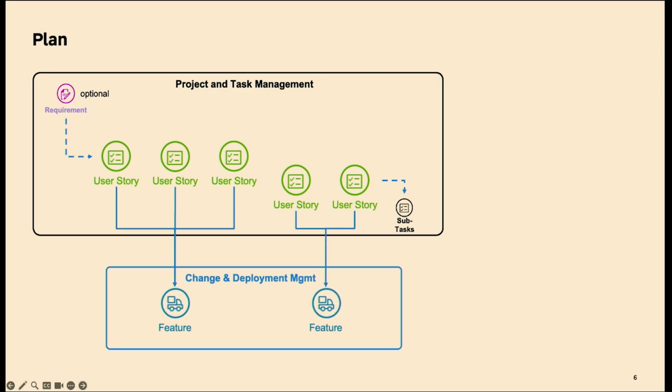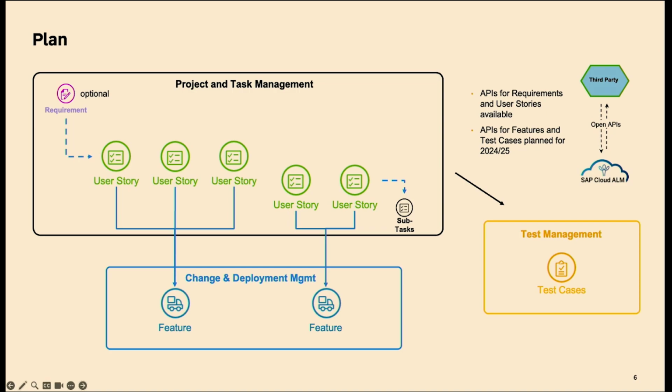The user stories or requirements are linked to features. Features in SAP Cloud ALM are the vehicle to transport the changes. This is how you orchestrate your changes in SAP Cloud ALM. There is an application called Feature Management that you use to release and deploy your changes.